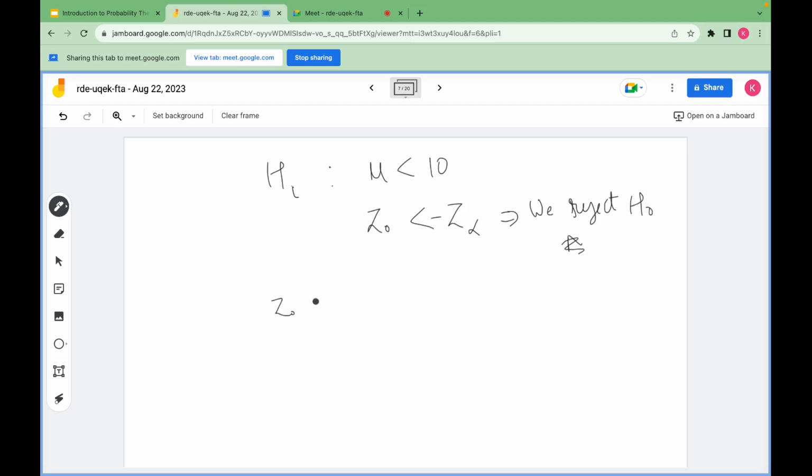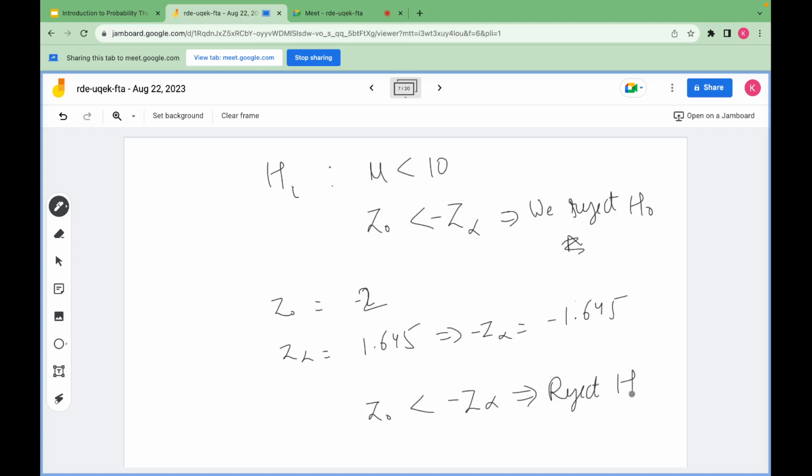So z0 is minus 2, z alpha is 1.645, so minus z alpha will be minus 1.645. This z0 is less than minus z alpha, right? So we reject the null hypothesis.